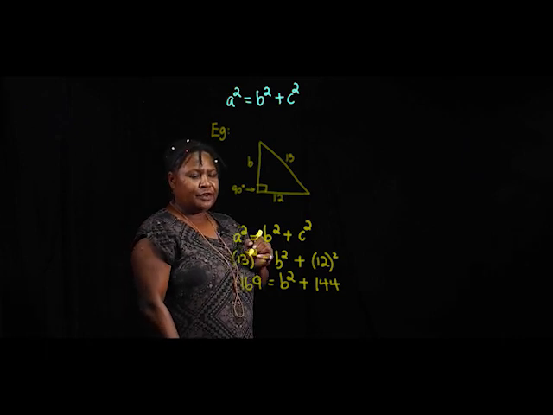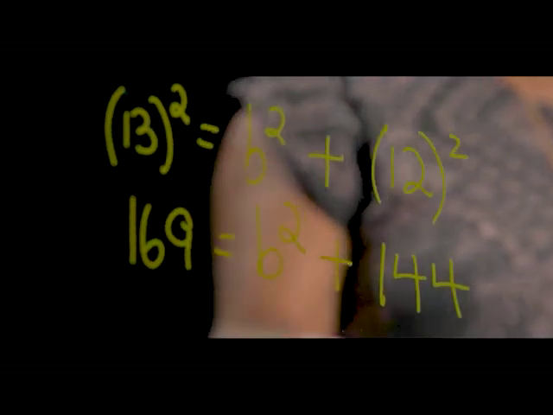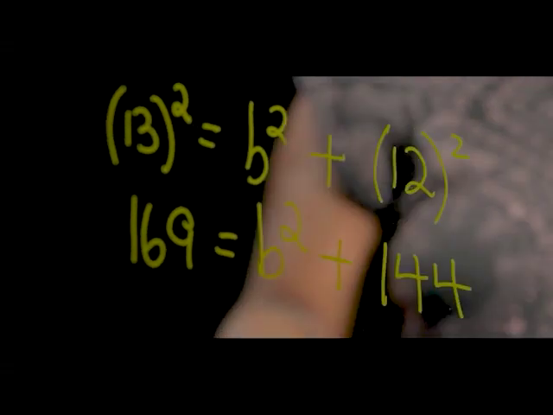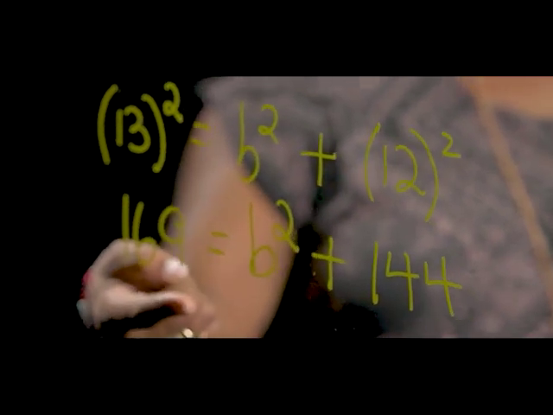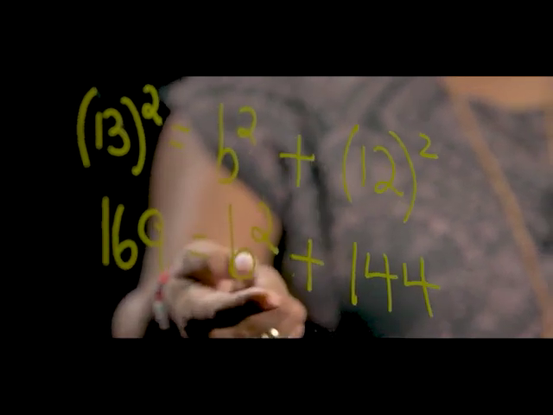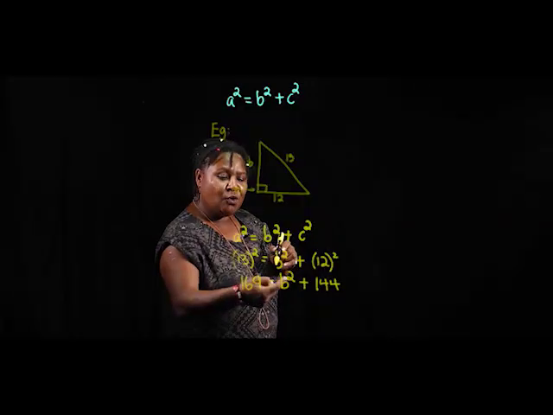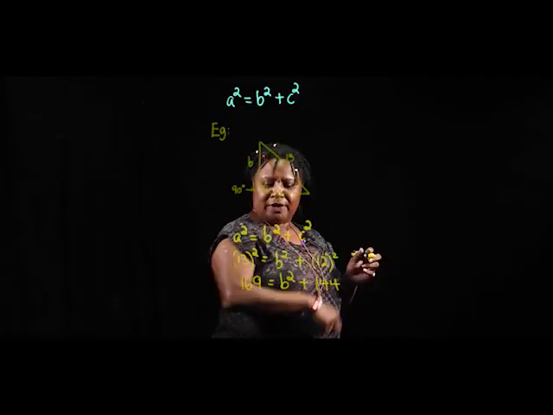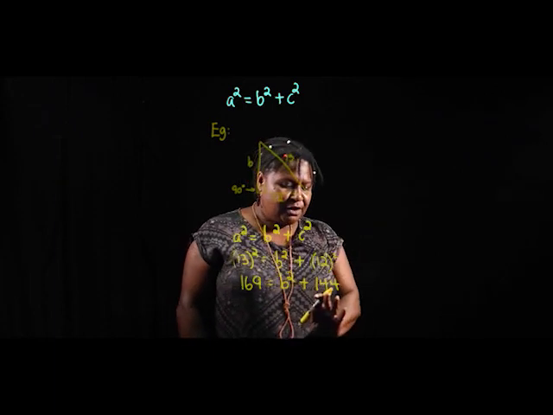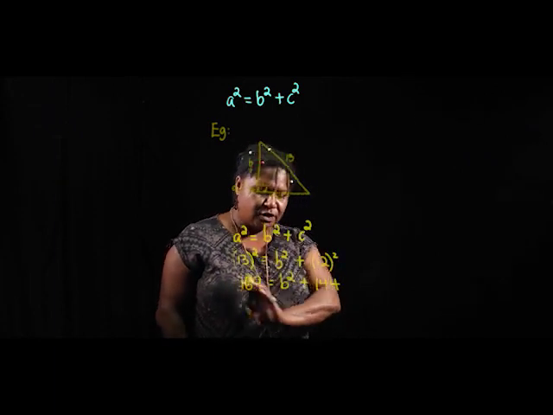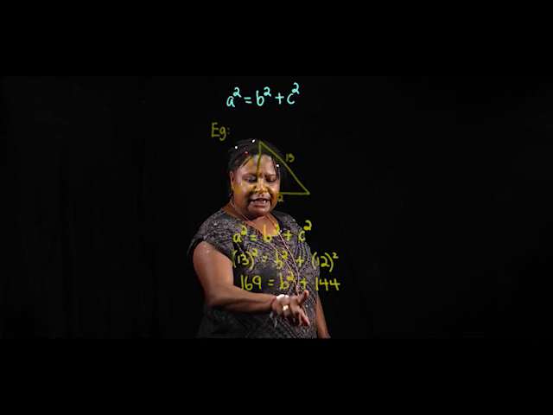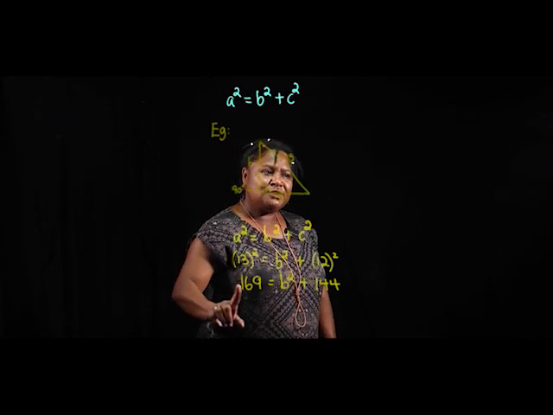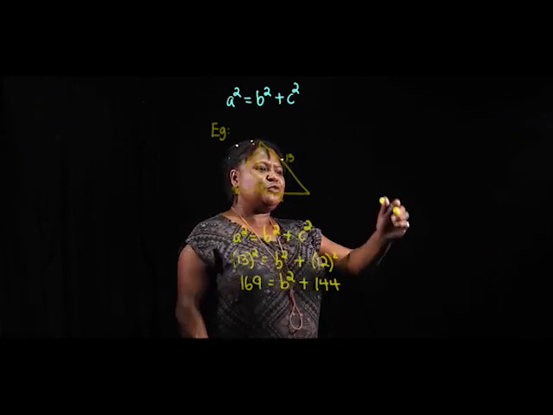Now, we need to take 144 across to 169 so that b can be left on its own on this side of the equation. So let's move up to this side, bring 144 across. Notice it is adding here, so when I take it across to this side, we're going to subtract.